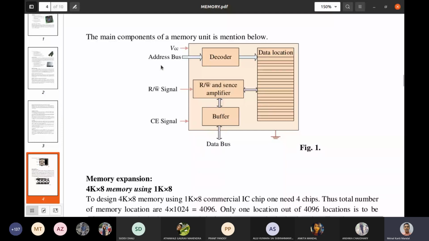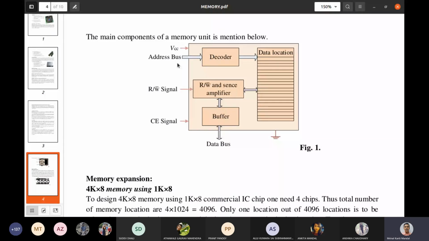This address bus basically identifies a particular memory location where you want to write the data or from where the user wants to retrieve the data. So the address is an essential component to identify a particular memory location for reading or for writing.